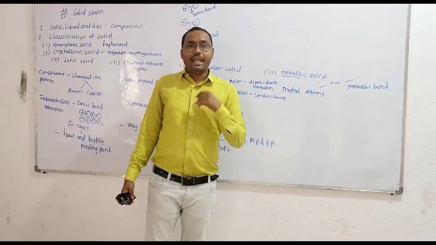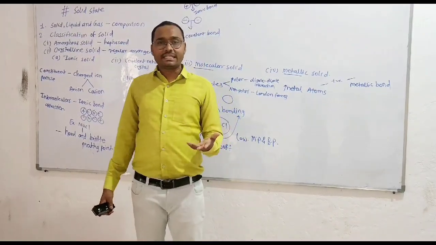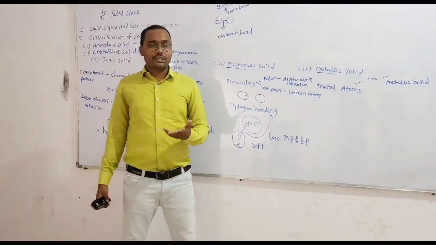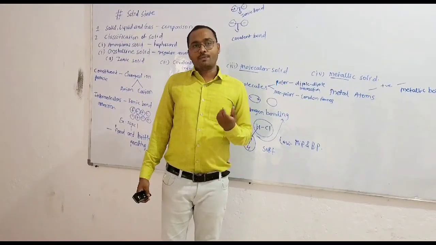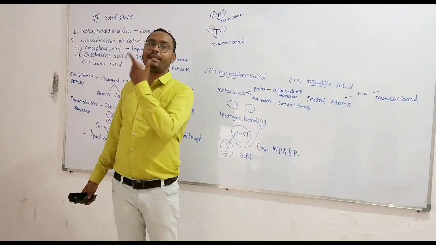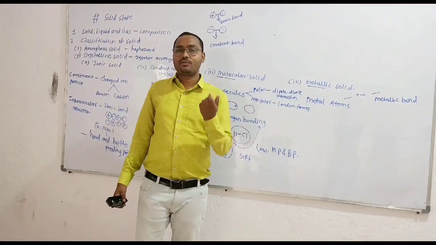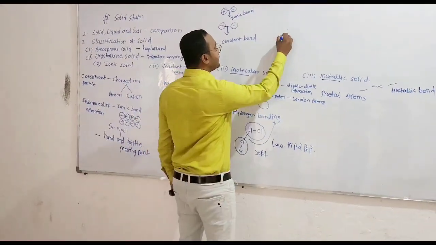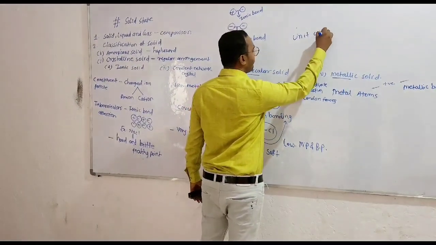Okay. Then our next topic is unit cell and types of unit cell. When we observe the crystal structure of any solid, we observe that some kind of pattern continuously goes on repeating in the structure. That smallest repeating unit or structure, we call it a unit cell.